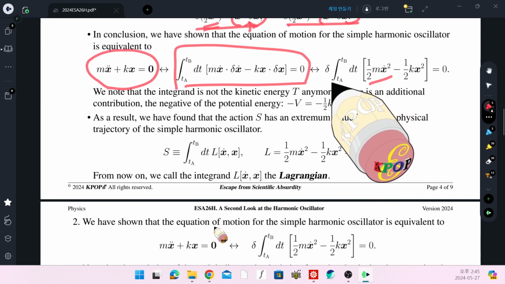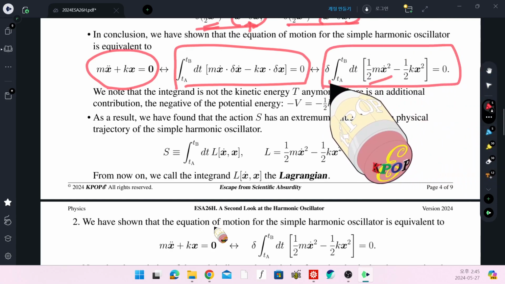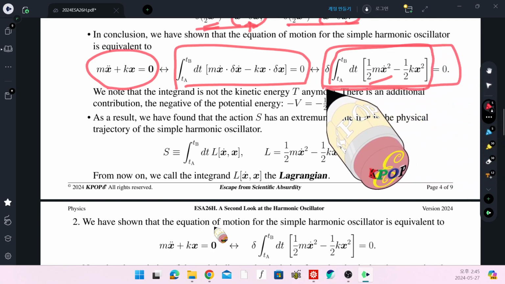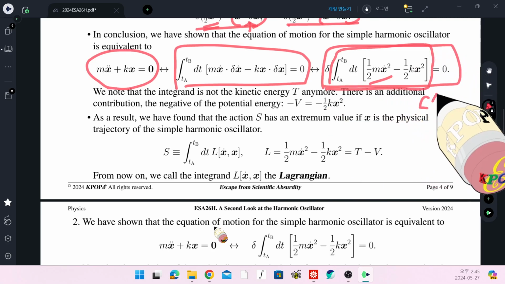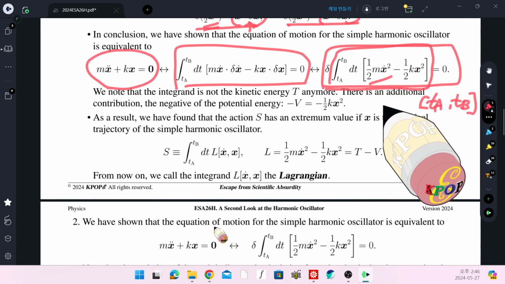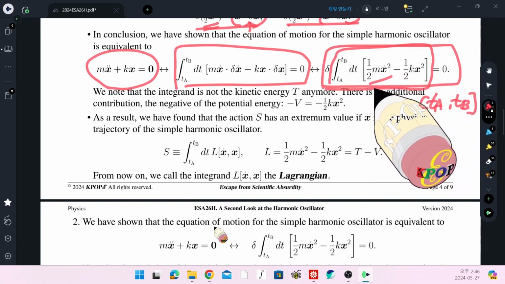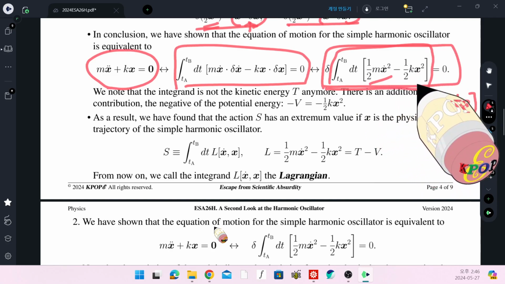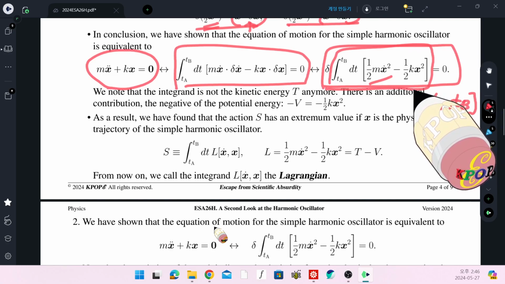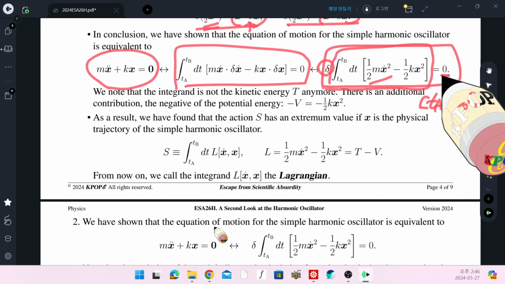All right, what's that? The variation of this time integral over the interval whose integrand is kinetic energy subtracted by the potential energy. That variation is 0. All right.